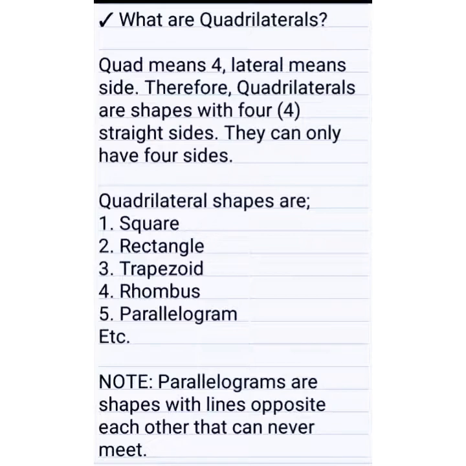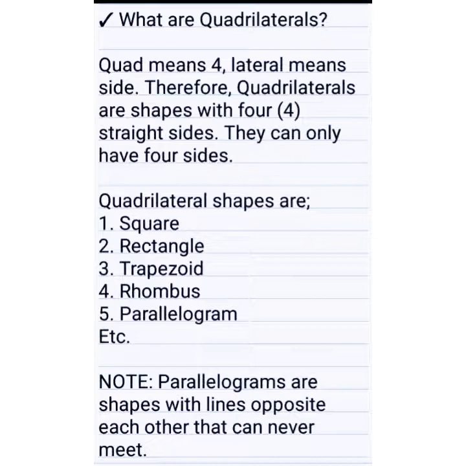What are quadrilaterals? Quad means four. Lateral means side. Therefore, quadrilaterals are shapes with four straight sides. They can only have four sides.